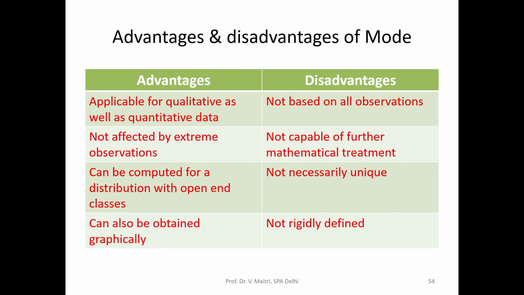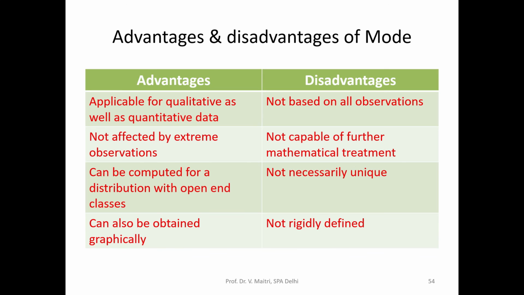Now compare the advantages and disadvantages of mode. The first advantage is that it is applicable to qualitative as well as quantitative data. It is not affected by extreme observations. We can compute it for a distribution with open-ended classes, and it can also be obtained graphically.